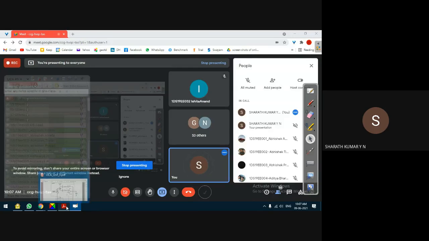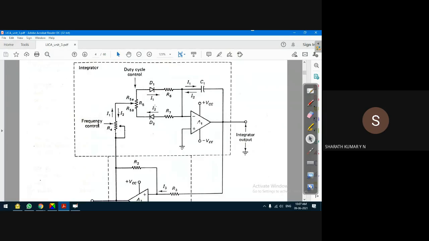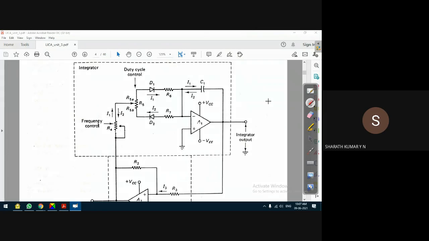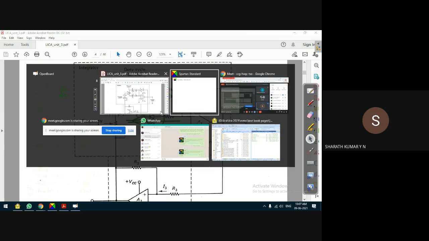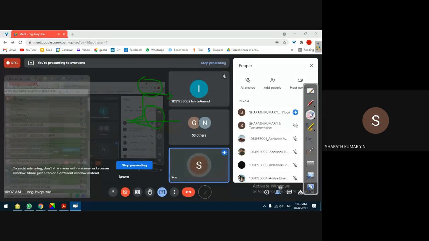Yes, so this we discussed. What is the purpose of D1 and D2? Guys, D1 and D2 make sure that the current flows in only one direction, whether in this direction or in this direction. With that intention, the diodes D1 and D2 are used in the circuit.